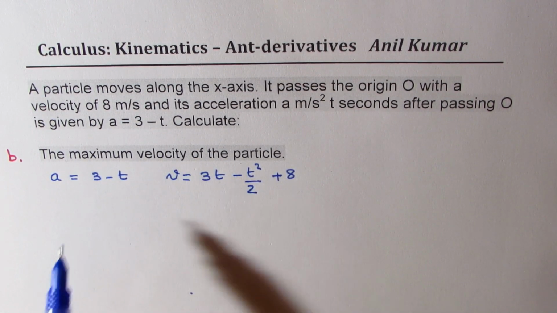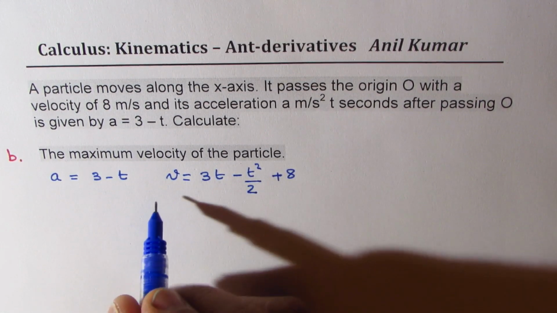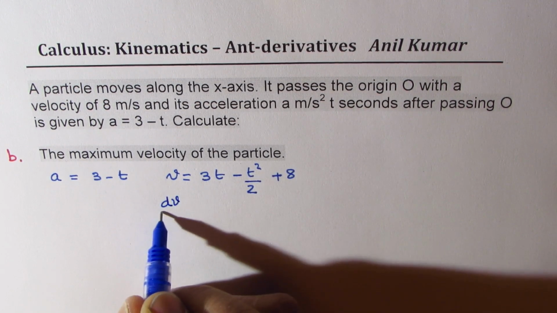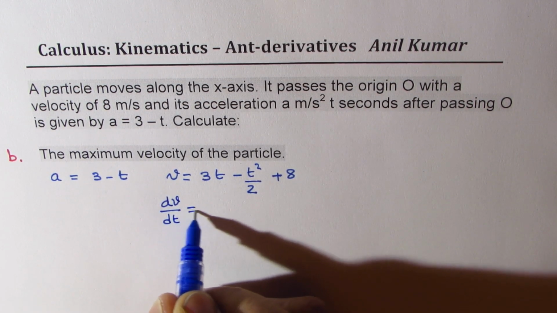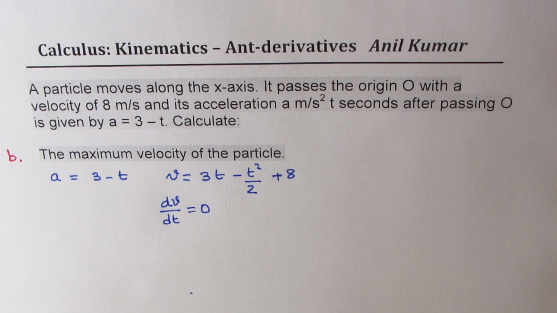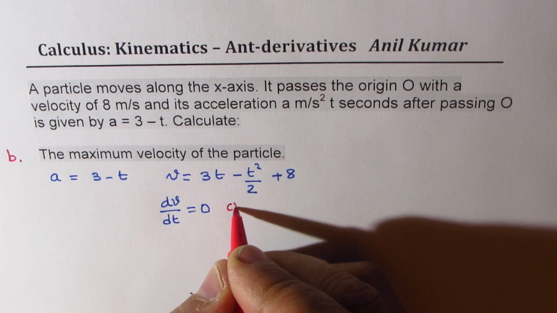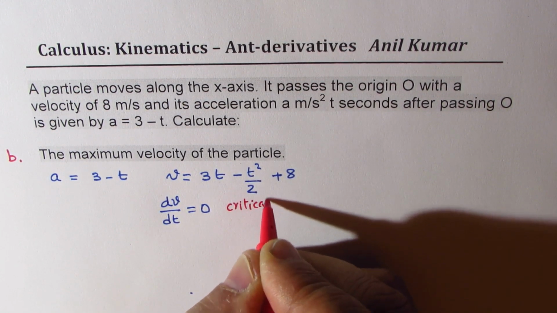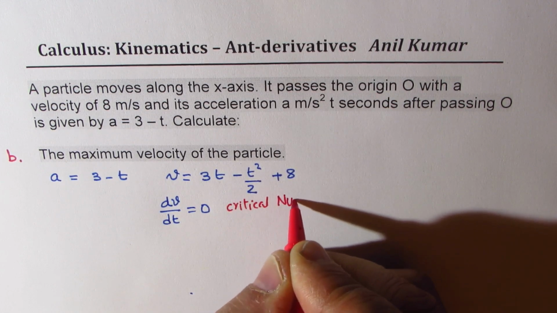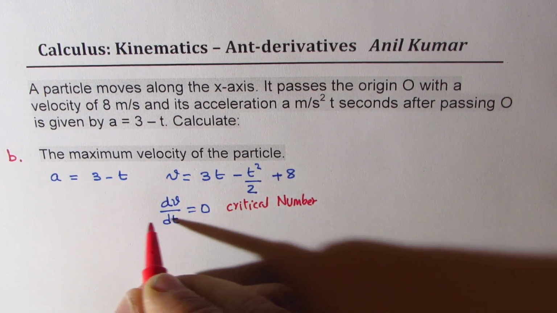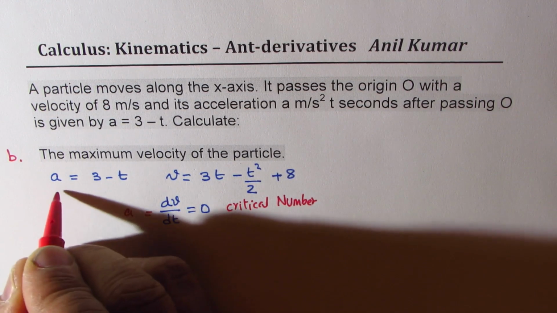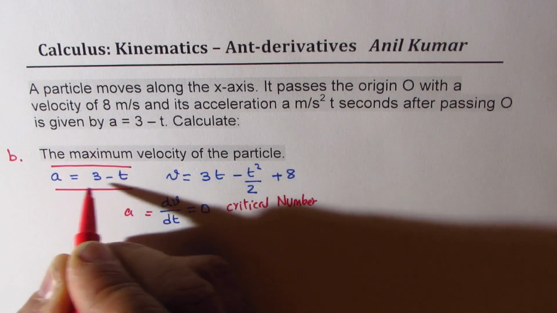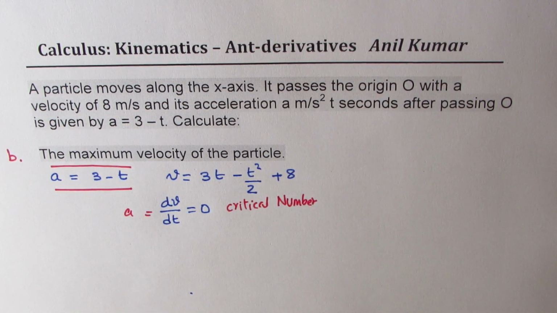Now maximum means that dv/dt should be equal to 0. That is what is called the critical number. We need to find the critical number and then analyze it. Now dv/dt is basically a, so we already have that expression, a equals 3 minus t, correct?